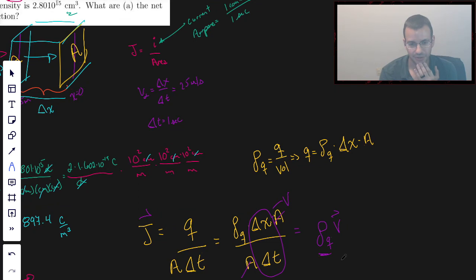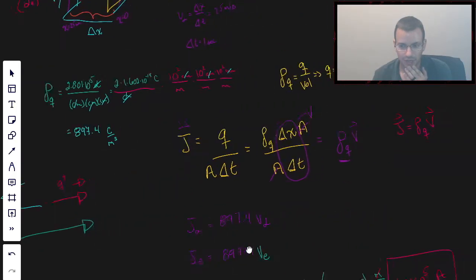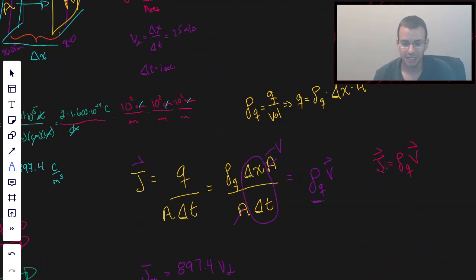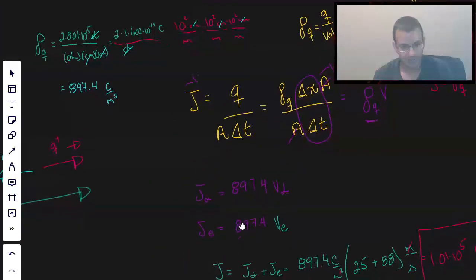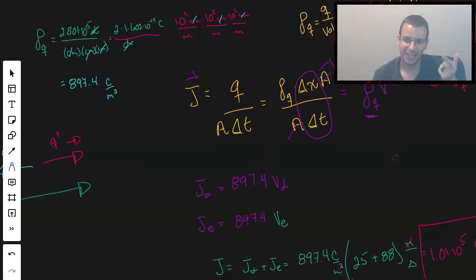We justified that the equation for current density, because it's a vector, is just going to be the charge density times velocity. And if you're wondering about the negative sign and why I justified adding them, even though I used the same charge density for electrons, it's actually going to be negative.